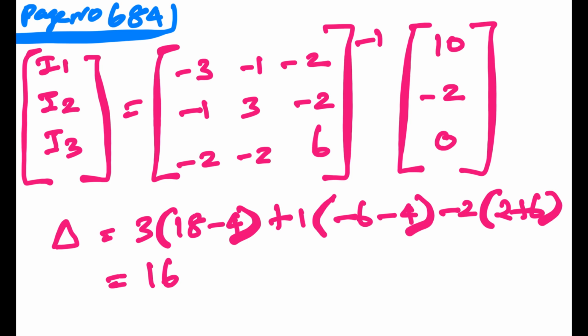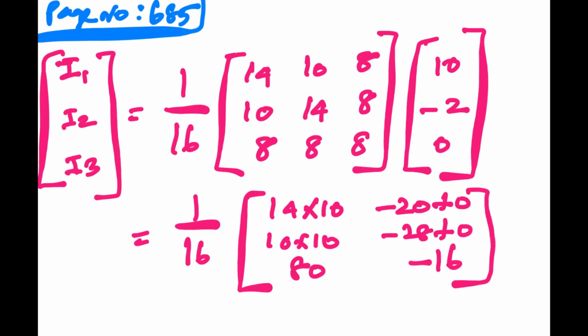The determinant value is 16. We obtain the cofactor matrix and multiply by the voltage matrix, as seen in the notes in matrix format.